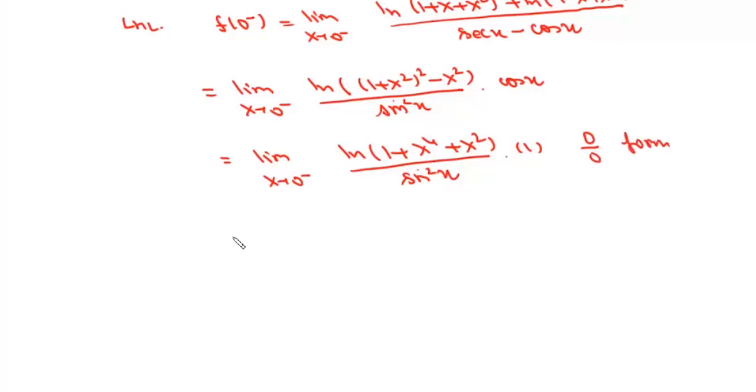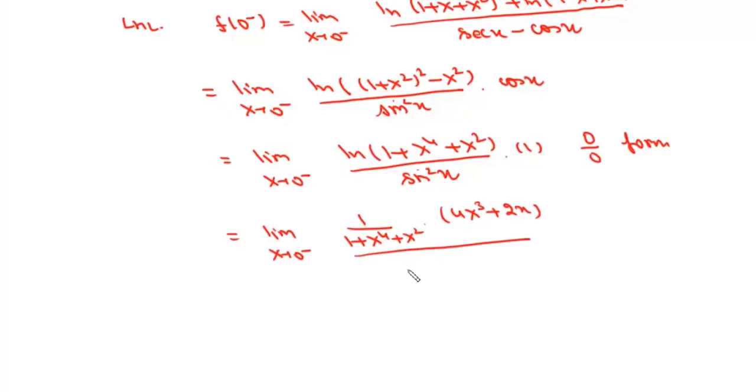And if it is 0 upon 0 form, we'll use L'Hopital's rule. So we'll write this as limit x tends to 0 negative, 1 upon (1 + x⁴ + x²) into its derivative, which is 4x³ + 2x, and here it will be 2 sin x into cos x.